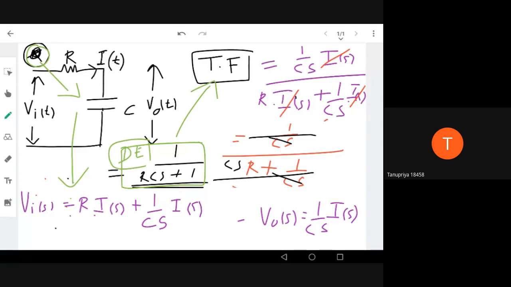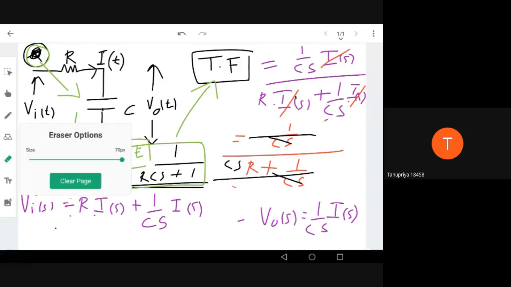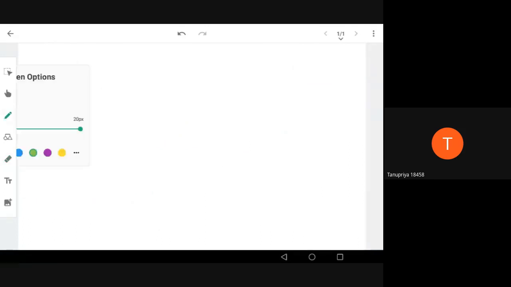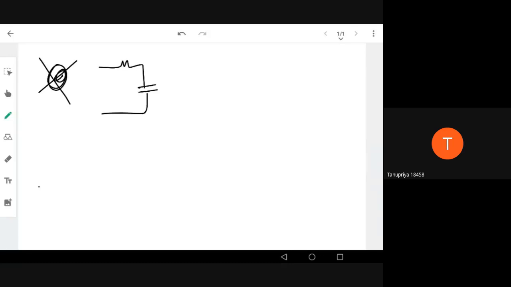Now, whatever the device, I had the circuit model of the device, and from this I derived the transfer function 1 by RCs plus 1.